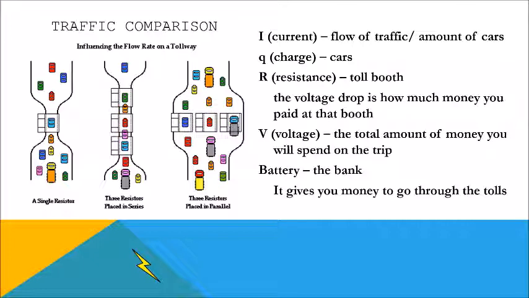So not every student will have gone through a tollway. I prefer the obstacle course comparison because I feel like students will have run a race or gone around some sort of obstacle a little bit more than going through toll booths.